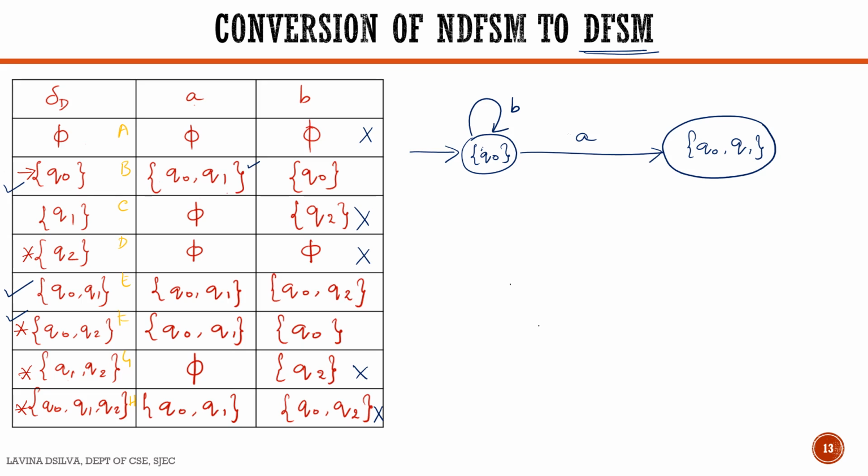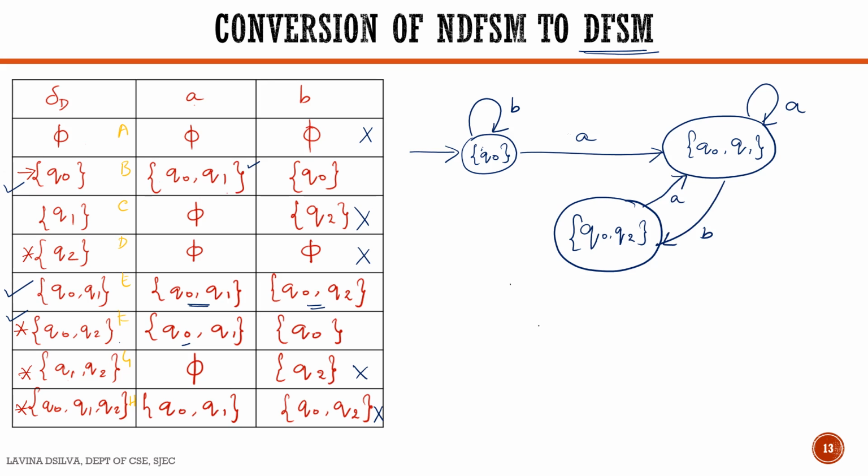Now in the Q0 Q1 state, on seeing an A, it remains in the same state. On seeing a B, it goes to the Q0 Q2 state. The Q0 Q2 state on seeing an A goes to the Q0 Q1 state, and on seeing a B, it goes to the Q0 state.